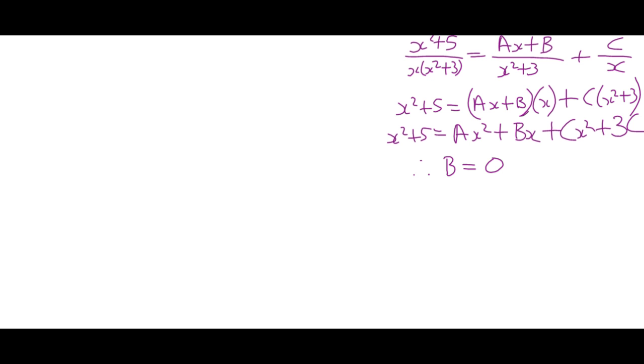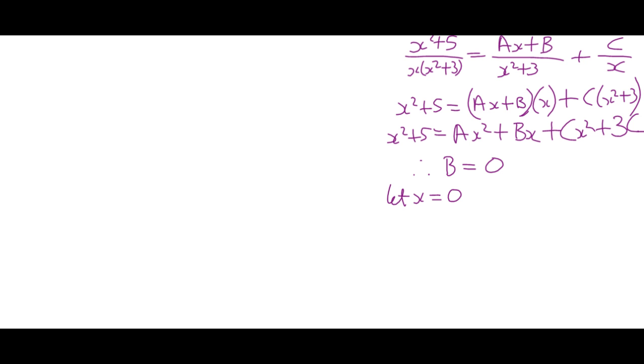Okay, what else? Well, let's start with, if you let x be 0, you're just going to get 3c is equal to 5, right? So we get c. So let x equal 0. You're not wrong, and we could do it in either order, right? It doesn't matter.